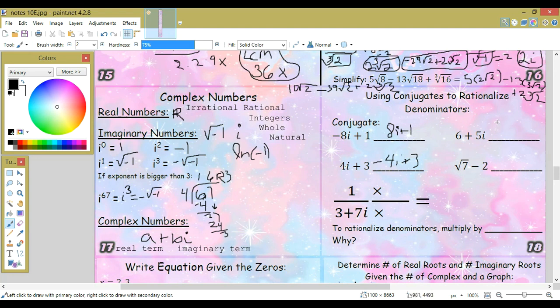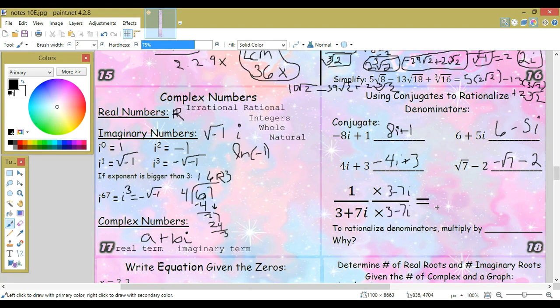6 plus 5i, we have 6 minus 5i. And we use a similar trick with irrational numbers. So change the sign in front of the irrational number. So to rationalize a denominator, you just multiply the numerator and the denominator by the conjugate. Basically, you're doing a sum of squares.